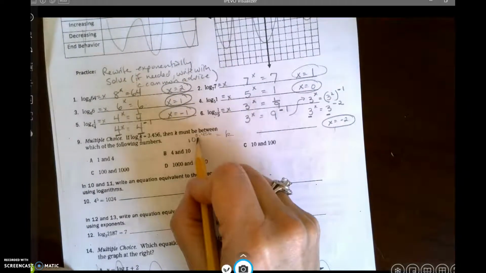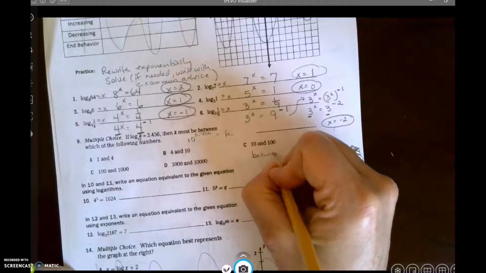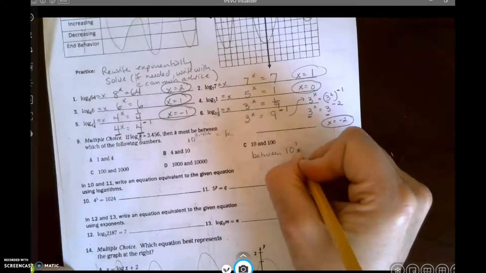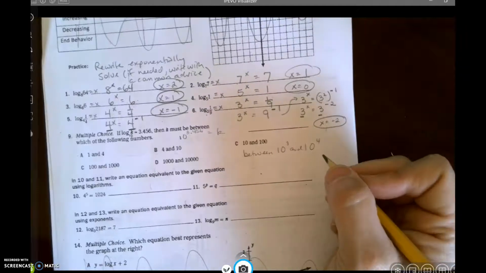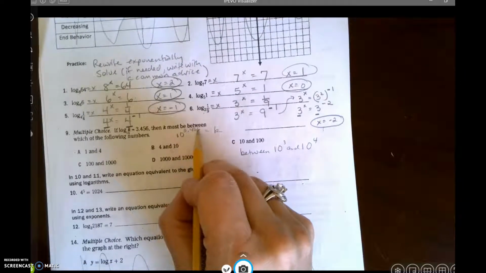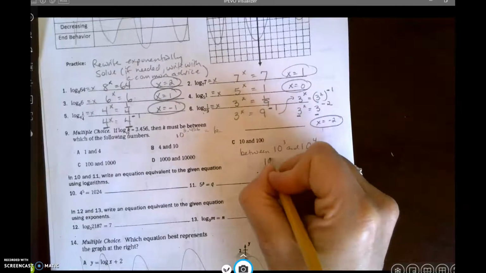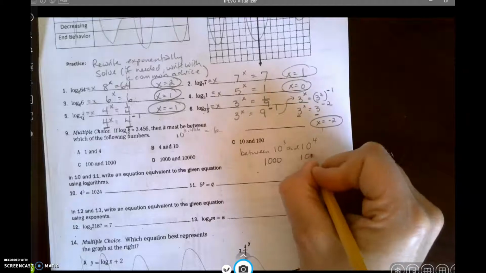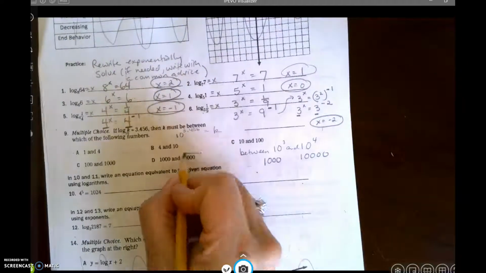Well, this is between 10 to the 3rd and 10 to the 4th. 10 to the 4th would be bigger than 3.456 and 10 to the 3rd would be smaller. So it's somewhere between a 1 with 3 zeros and a 1 with 4 zeros. So somewhere between 1,000 and 10,000, which is choice D.